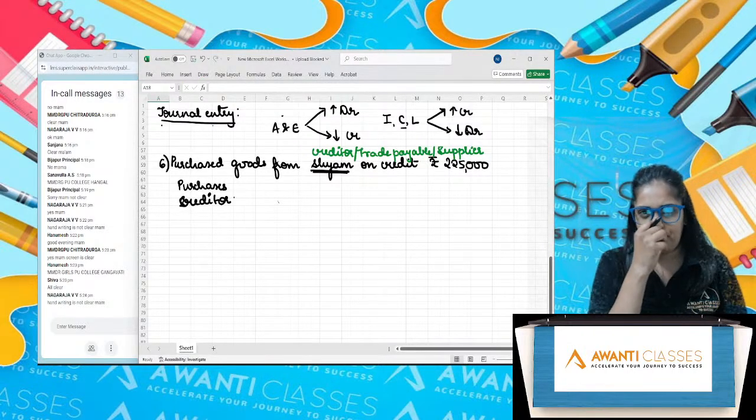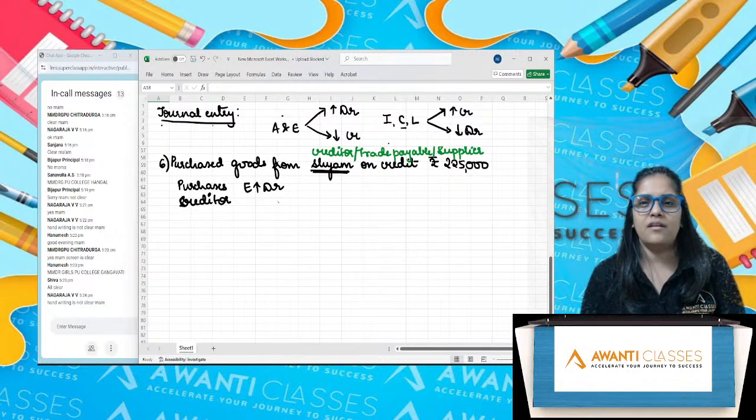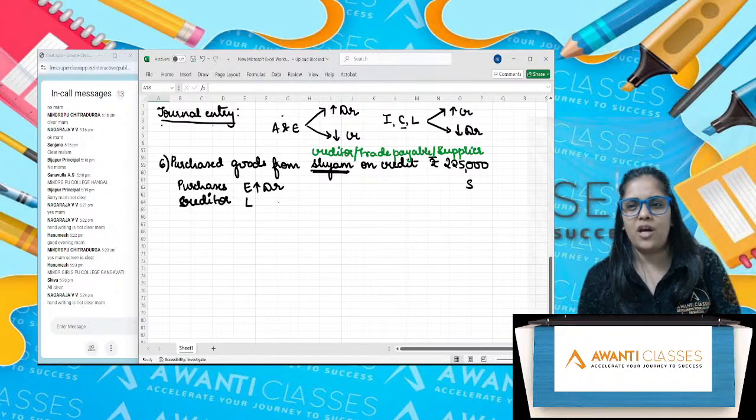Now purchase is an expense. Expense will increase, so we should debit. And creditor is a liability. Before, we didn't have to pay anything to Shyam. Now that we have purchased goods from Shyam, we have to pay 2,25,000.